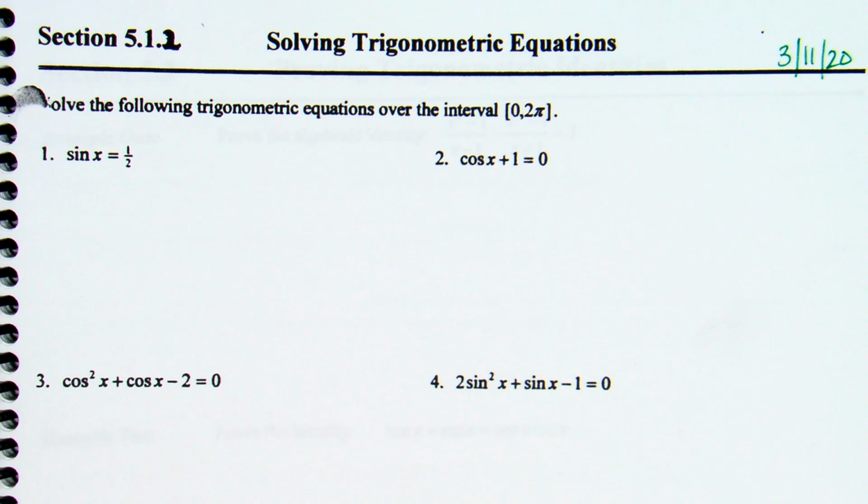Now, is that the only answer? Not necessarily, because pi over 6 happens in quadrant 1. Does sine x equal positive 1/2 there? Yeah, because everything's positive in quadrant 1. So we've got that positive answer. But where else is sine positive?